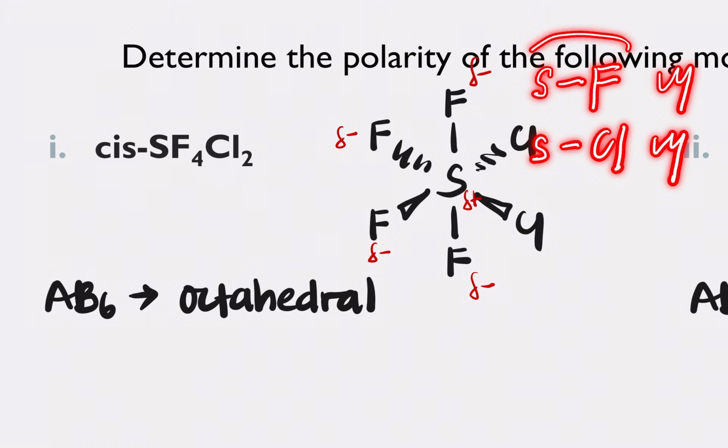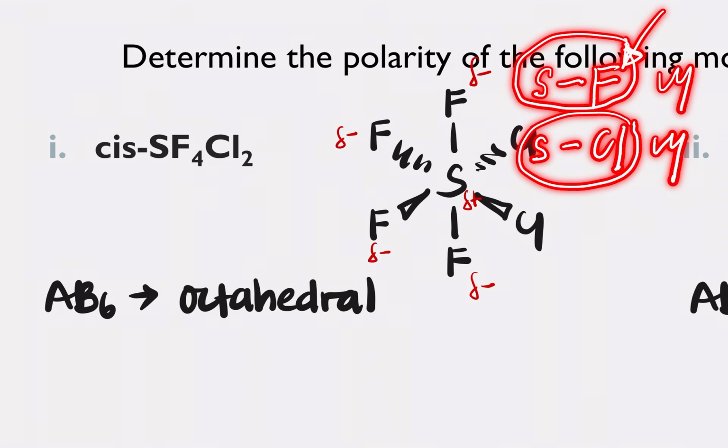So this bond is more polar than this bond because fluorine is much more electronegative compared to chlorine. Therefore your bond dipole for this bond will be much bigger than the bond dipole for this bond.